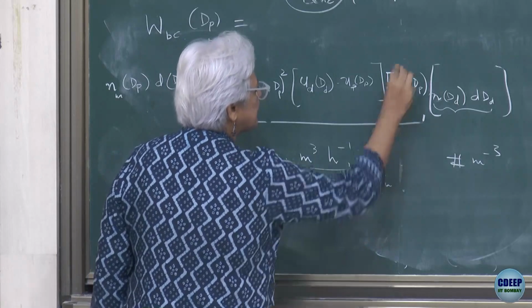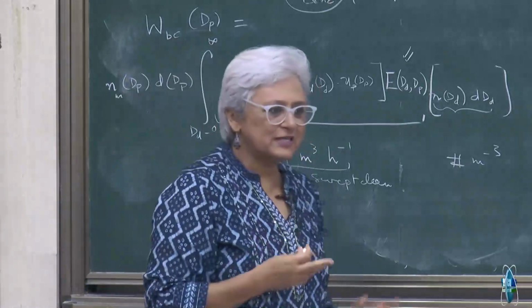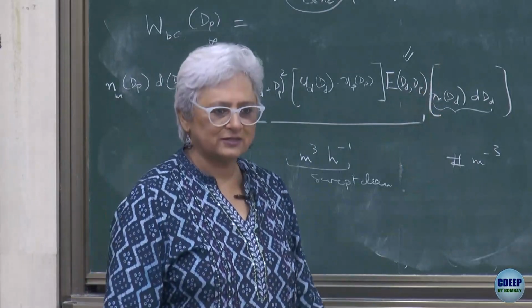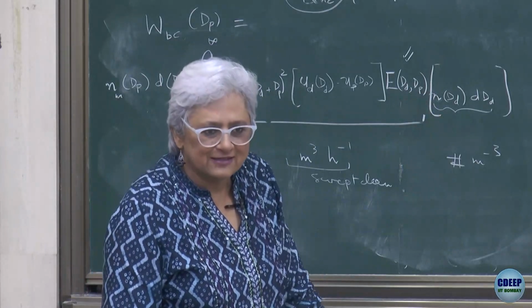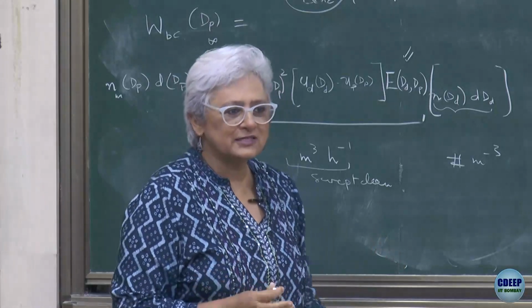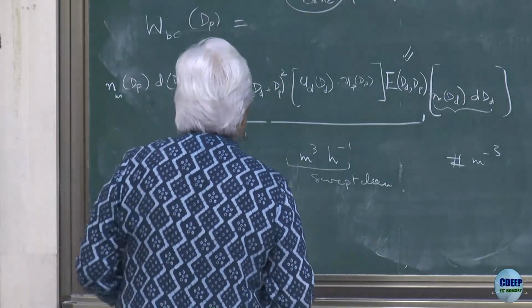Swept clean because I have this here. If I did not have the E over there, it would be a meter cubed of air swept out, but not swept clean. Because I have the E over there, it is what is totally swept clean, and that's the total particles removed.